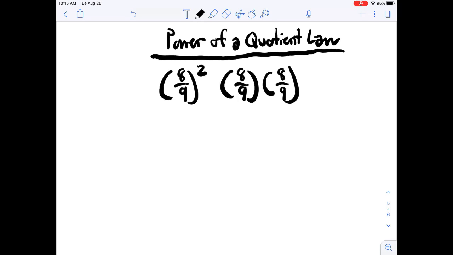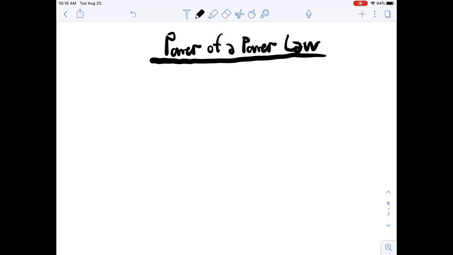And from here, we can see that 8 is being multiplied 2 times, so 8 to the power of 2 divided by 9 to the power of 2 for the denominator. So the same way as the power of a product law, the exponent is being distributed to both the numerator and the denominator. The last exponent law I'm going to show you is called the power of a power law.